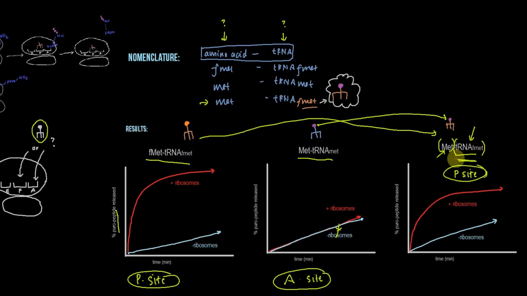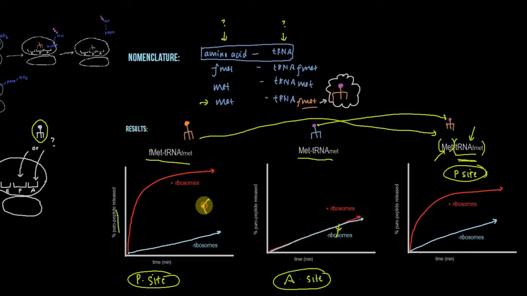Well, let's see. So if it was the Met amino acid that's controlling where it goes, we would expect it to be most similar to this graph. So we would expect the tRNA to go to the A site. Now, if indeed it is the tRNA that's controlling it, we would expect this graph to look like this graph, right? And the tRNA would go into the P site.